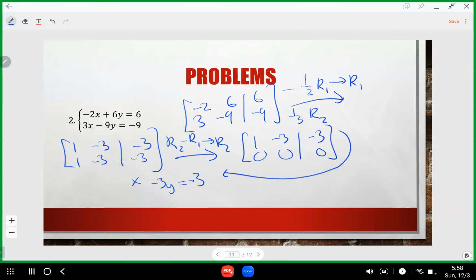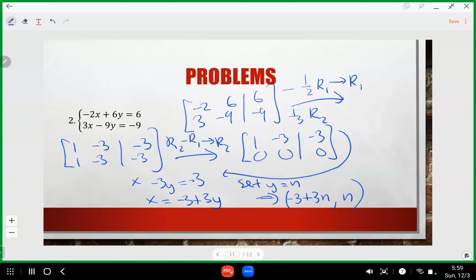And if we solve for x, we can clearly see that x is equal to -3 plus 3y. So then, let's say y is equal to n. Therefore, the solution to this would be -3 plus 3n and n. As you can see, it's an infinite solution, right?